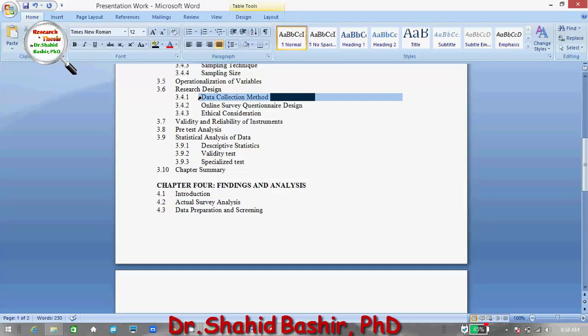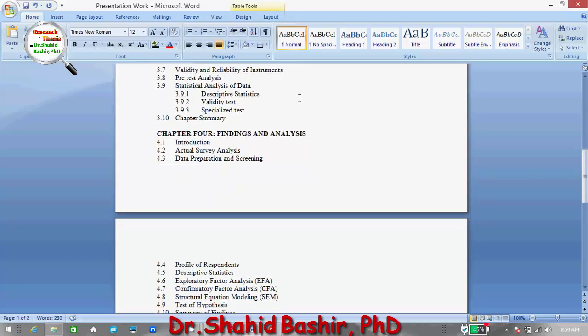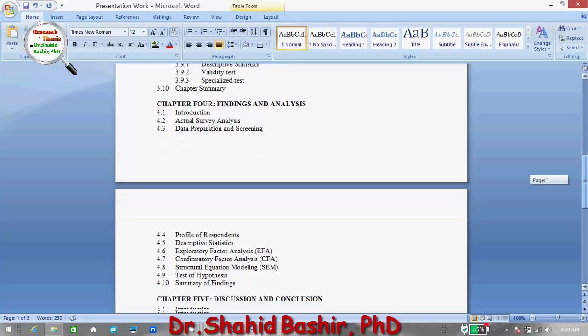So only stick with the data collection method and questionnaire design, ethical consideration, and the discussion of how the validity and reliability of the instruments will be defined, the pre-test analysis, the statistical analysis of data. This will contain descriptive statistics, validity test, specialization test, and finally the chapter summary.